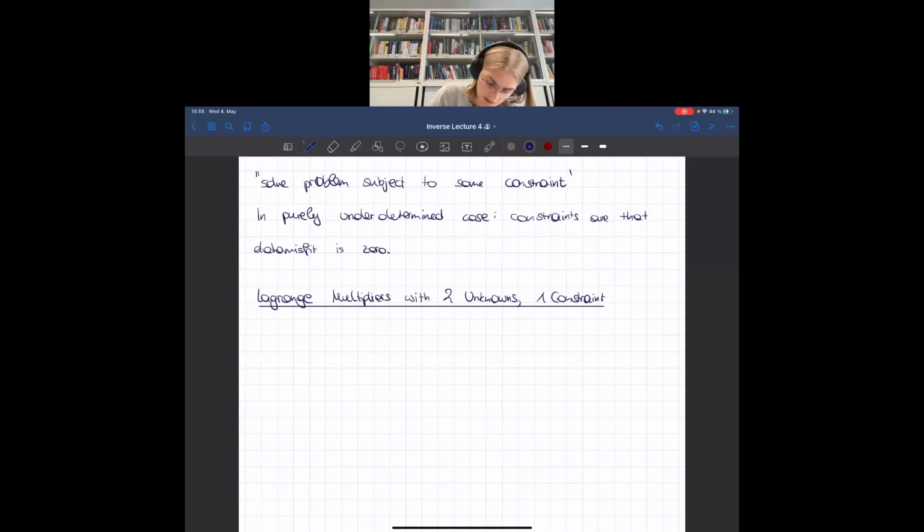So the goal is to minimize E depending on the two unknowns x and y, so that some constraint is fulfilled. So we say that phi of x and y should be 0.